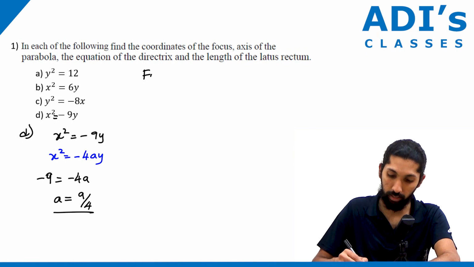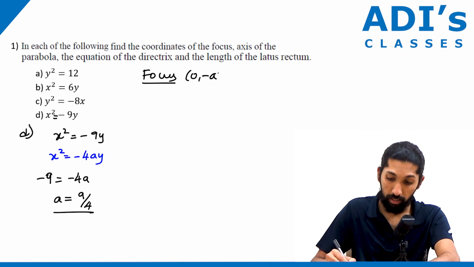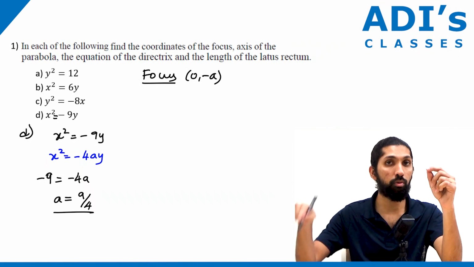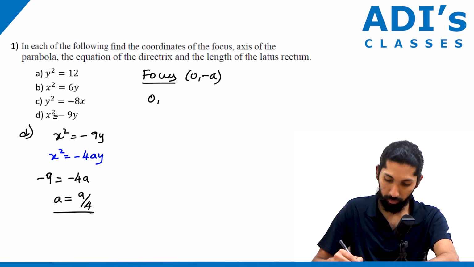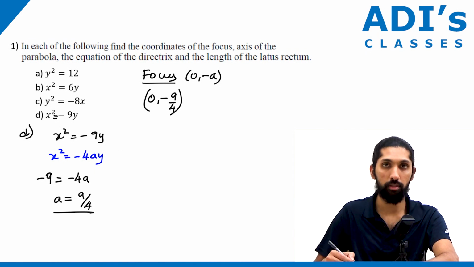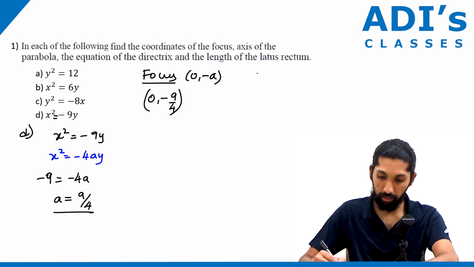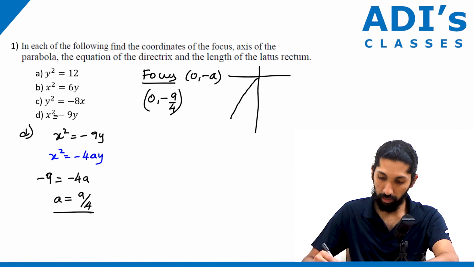Focus. We'll start with 0 comma minus a, because it's x square is equal to minus 4ay. So it's a down opening parabola. So focus is going to become 0 comma minus 9 by 4. This is the focus. Now for the axis part, see the graph will look something like this.